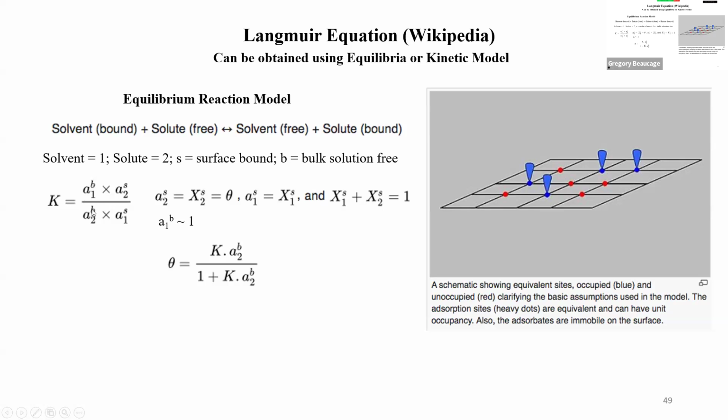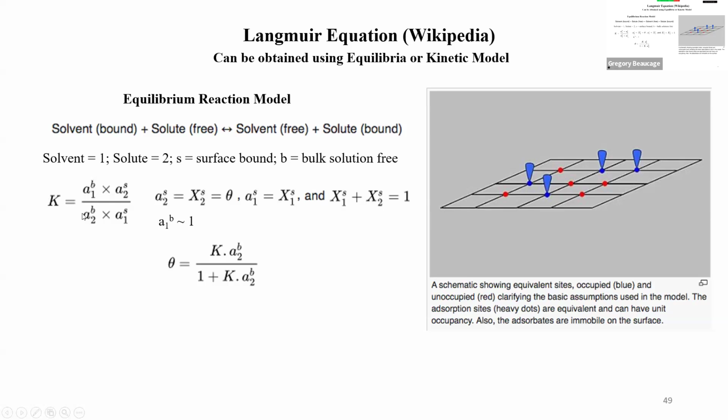Initially the surface has A2B in the bulk and A1 on the surface, and that's going to convert to A1B in bulk phase one. So the solvent's released from the surface, and the absorbent's absorbed to the surface. So you have A2B plus A1S goes to A1B plus A2S. So the equilibrium constant is like that.